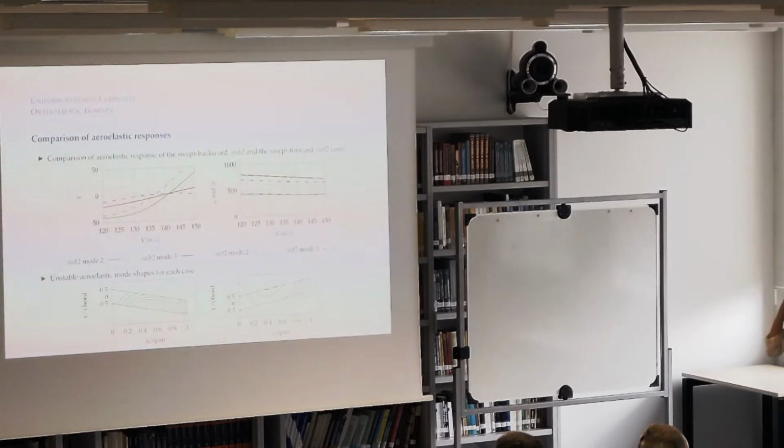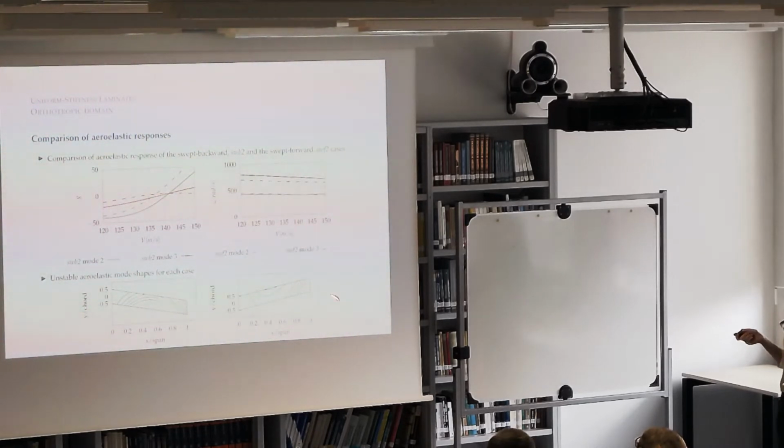If I compare the aeroelastic responses of the 2 swept cases for the second and third aeroelastic modes, the continuous lines represent the second and third aeroelastic modes of the swept backward wing, and the dashed lines the swept forward wing. We can see that the swept backward wing becomes unstable later than the swept forward wing, but for both cases, the second and the third modes become unstable almost at the same velocity.